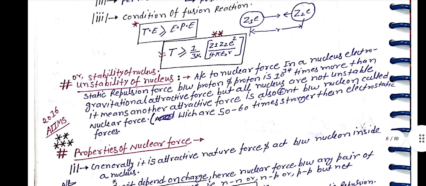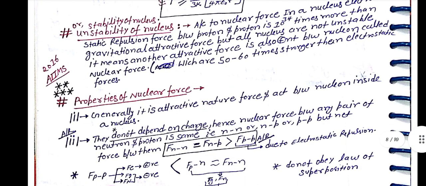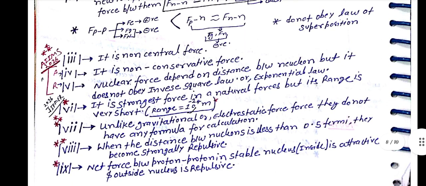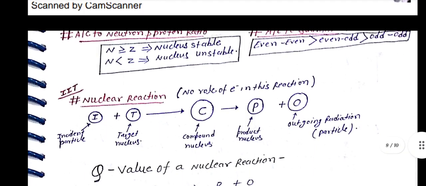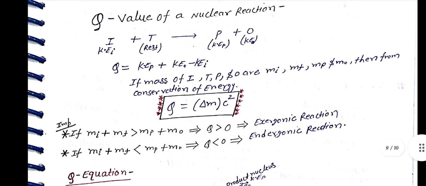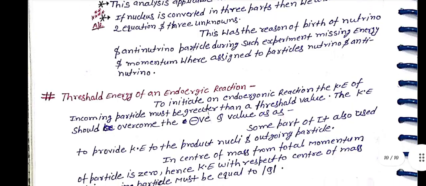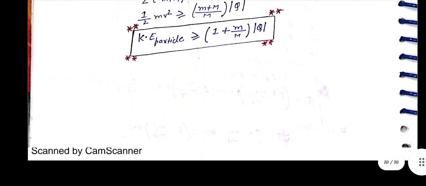It joins together. Instability of nucleus, some important information they have given here about the nucleus. These are the reactions they have shown here for you. Okay friends, only this much is there in this chapter, the important things.